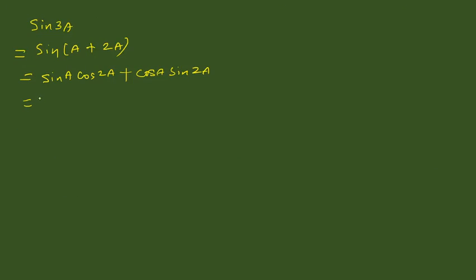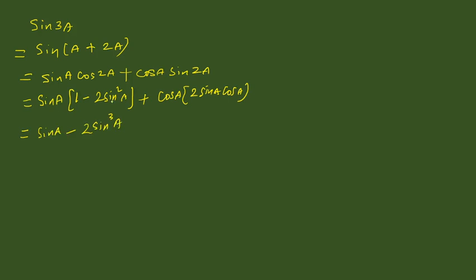So when I use that formula, I get sine A multiplied by 1 minus 2 sine square A, plus cos A multiplied by 2 sine A cos A, which you derived in the previous slide. Now if you do normal multiplication, this will be sine A minus 2 sine cube A, and plus 2 sine A cos square A. Now I want all the terms converted into sine as we are deriving sine 3A.